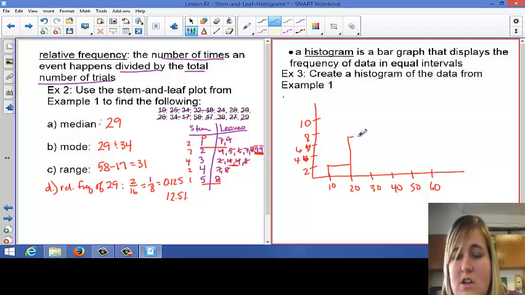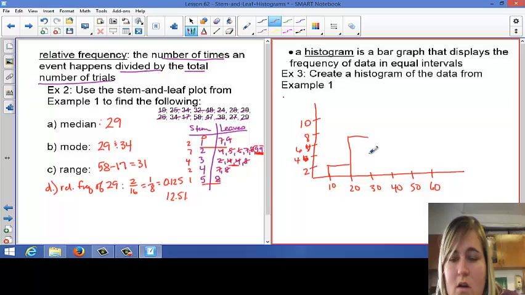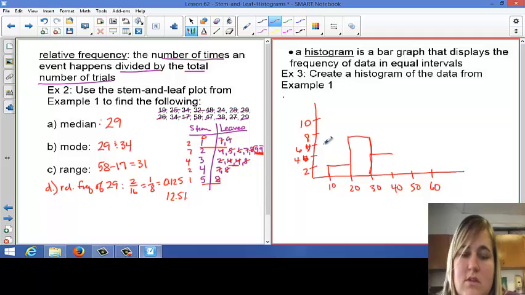Okay, so for this one, we need to be up to about here. Notice that my bars touch because it's showing the range that they go to. From 30 to 39, I have 4. So I'm going to go to the 4 and over, and we'll drop that line down. That should be one continuous line, not 2 separate ones.